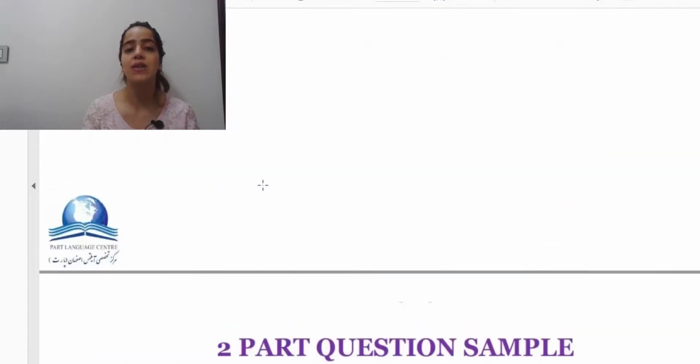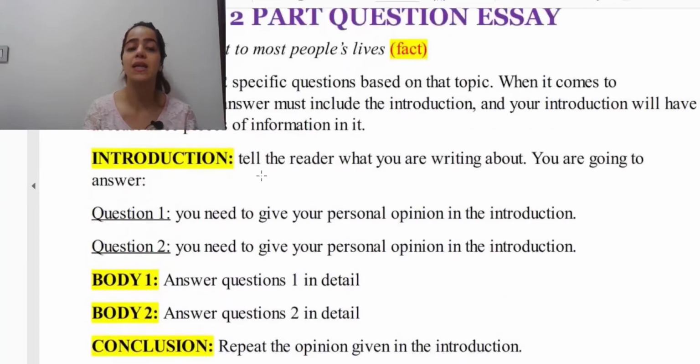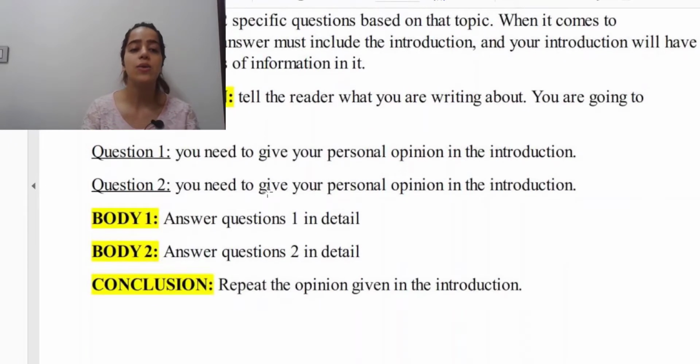So let's get back to the theory behind writing this kind of essay so that you know what exactly you should be looking for. The first thing that we always go for is the introduction part. Like the previous essay types, we tell the reader what exactly we are going to do in the essay, because the introduction, as the name suggests, needs to introduce the topic, and you should give your opinion because you should answer those two questions.